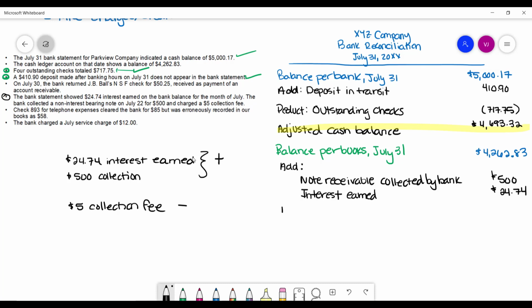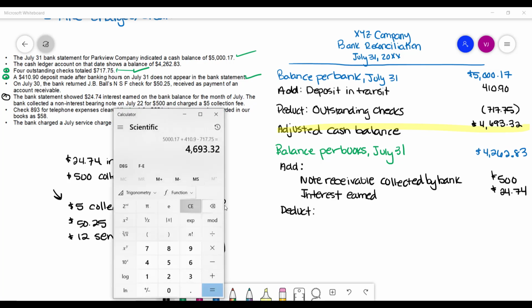So the next thing is we want to subtract out any deductions necessary. Let's take a look here. We have a collection fee. We have an NSF check of $50.25, a check that bounced. And we have a $12 service charge. And we have an error that needs to be corrected.